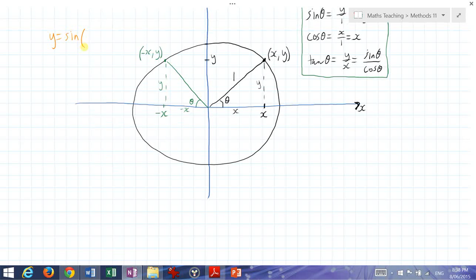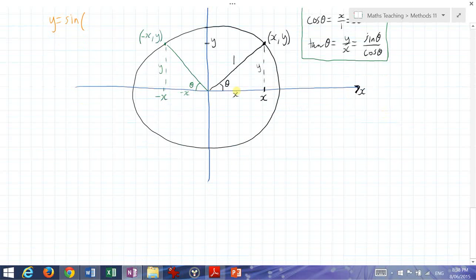However, what angle should we put inside? We're not going to put the little theta, because the little theta, if you look on the right hand side, gave us the black coordinate. If we want the green thing, we have to use the angle from the positive x-axis to that green line. What's that angle there? That orange angle is pi minus theta.